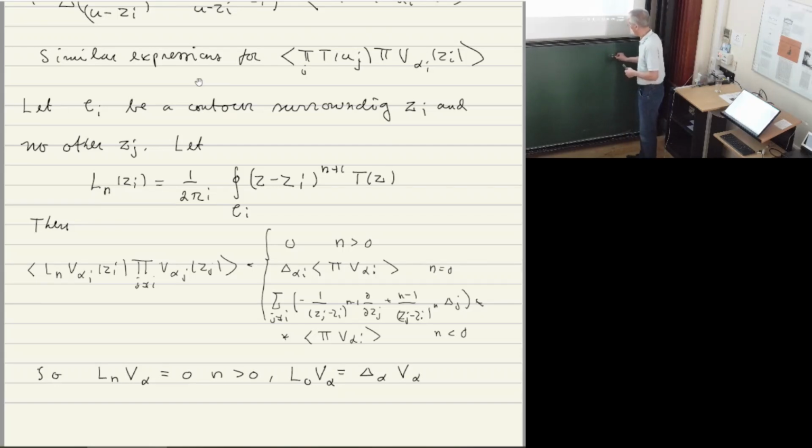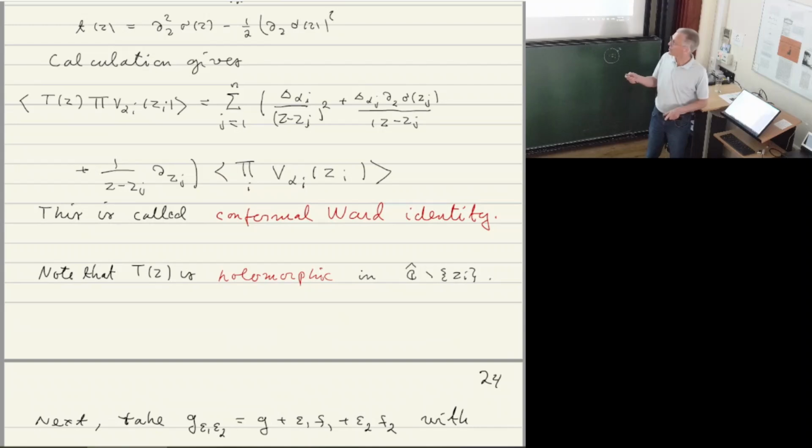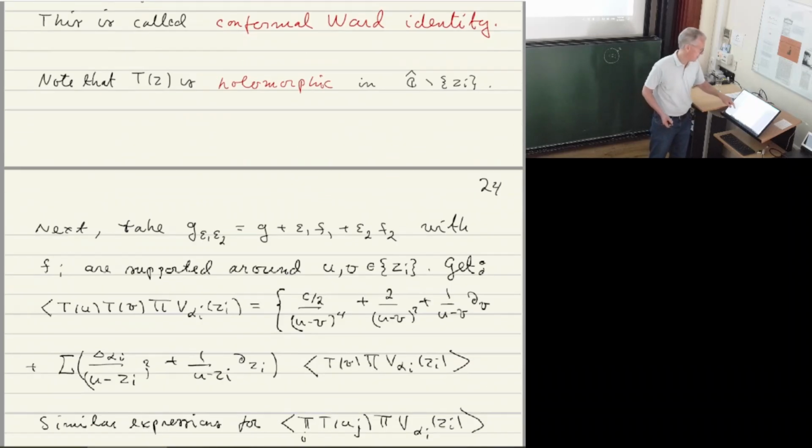So I have one of these insertion points, and do a little contour around the point, and integrate the T. Take this correlation function and do a contour integral around one of these points. So this z goes around one of these points, but doesn't touch any of the points.